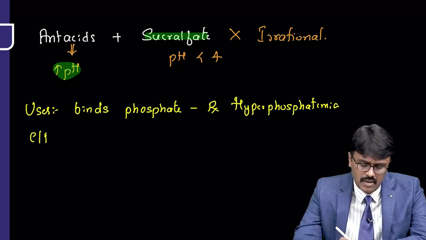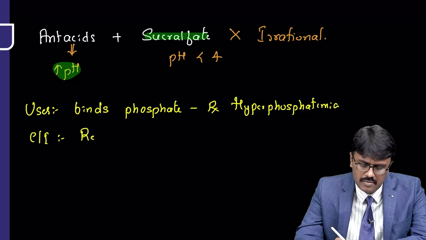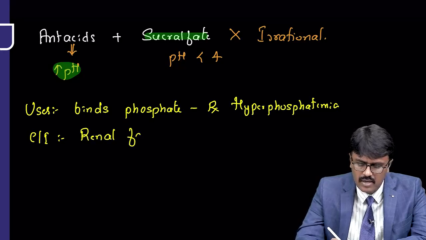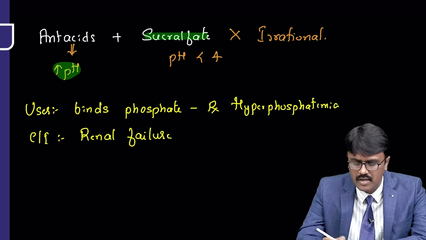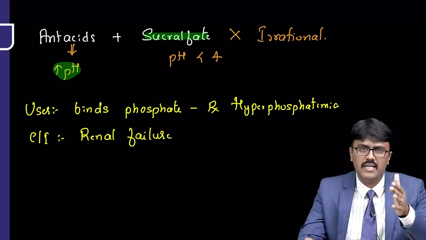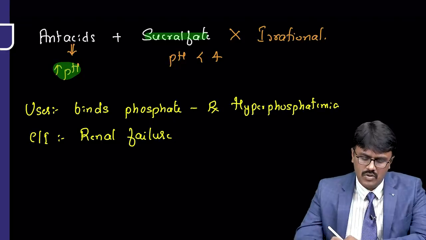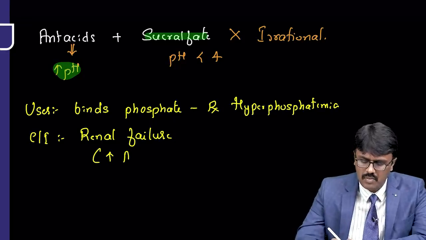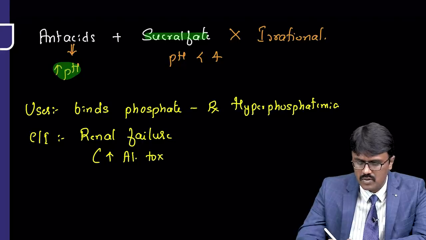It is contraindicated in renal failure patients. The reason why? Because sucralfate is made up of aluminum. It has aluminum in its structure, so it can lead to aluminum toxicity. So don't give it in a patient with renal failure.